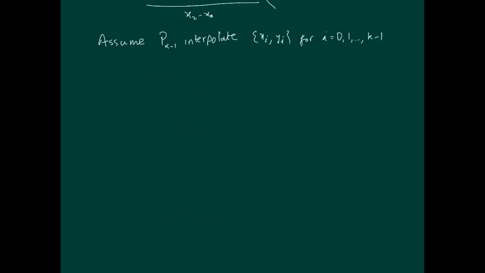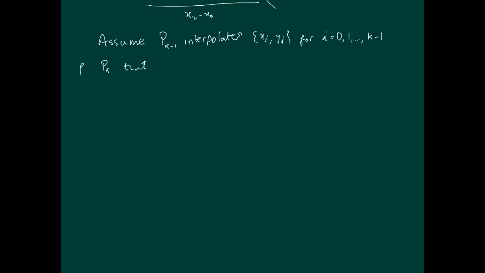So what we're saying is that pk minus 1 is a polynomial that interpolates the points xi, yi, where i is from 0 to k minus 1. And what we are wanting to do with divided difference is find the pk polynomial that interpolates.